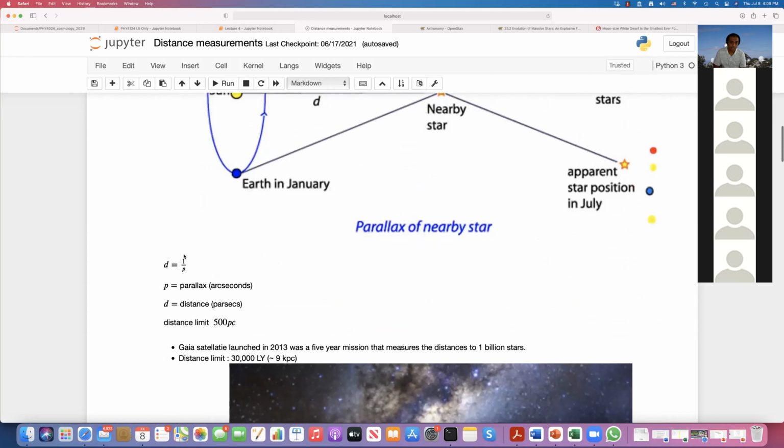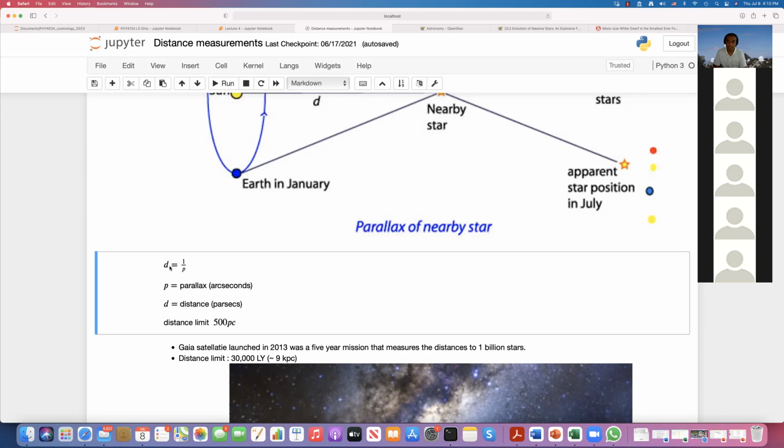The idea is you can use this equation right here, d equals 1 over p, straight away, where you measure the parallax angle in arc seconds, and then you can substitute that value right here to find d, that is distance.